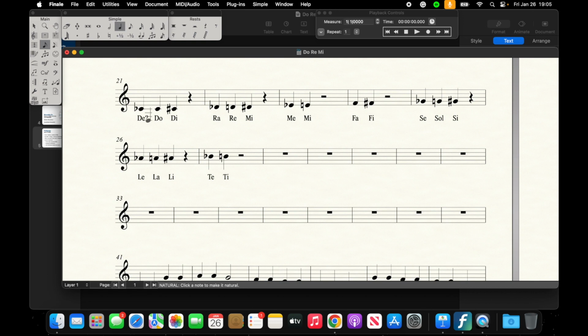All right. Now we have movable do, and I put day question mark here. I looked it up, and that to me would be correct, but the source didn't actually say it. And anyway, C flat is evil, so who cares? So I have de, do, di, ra, re.